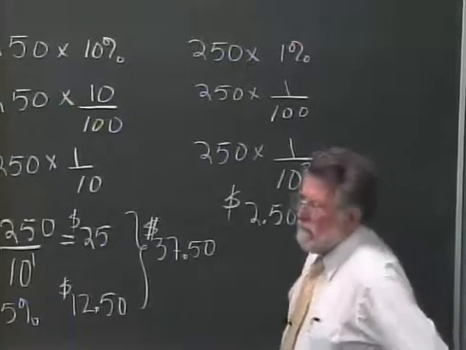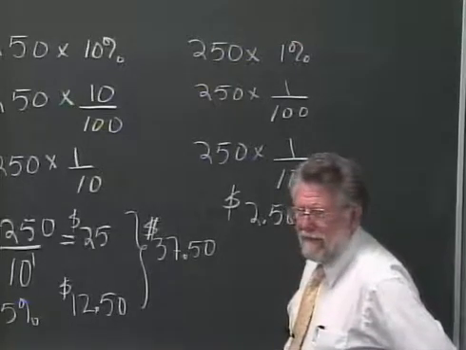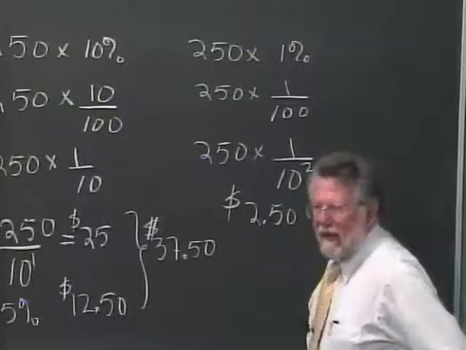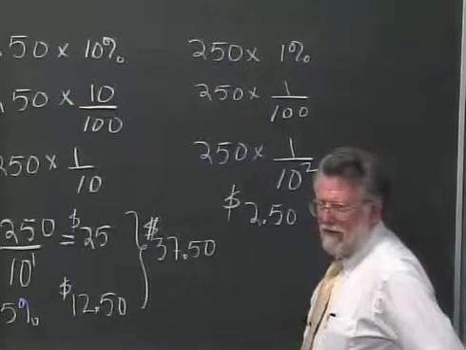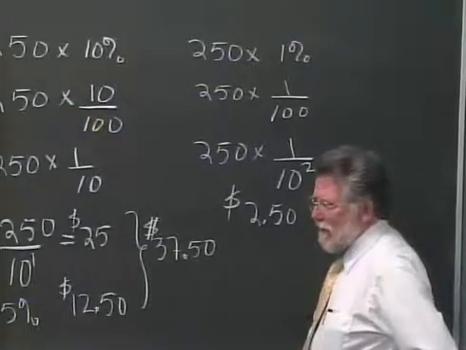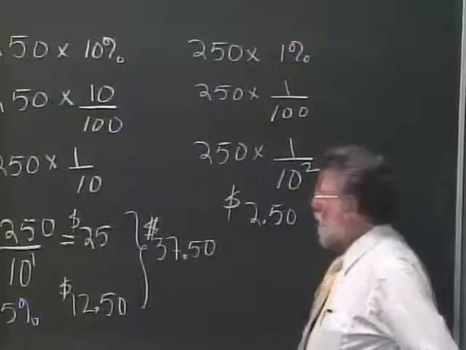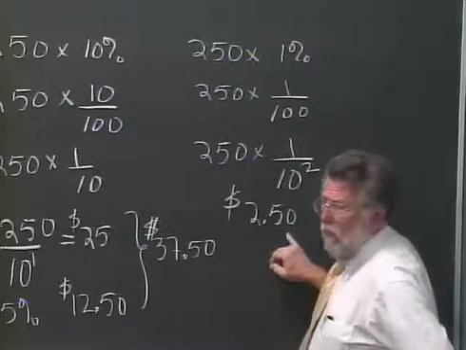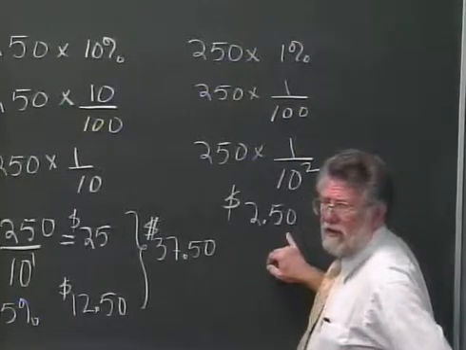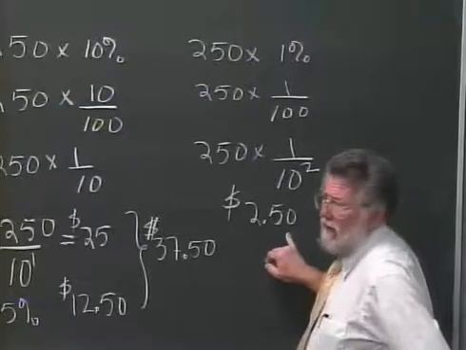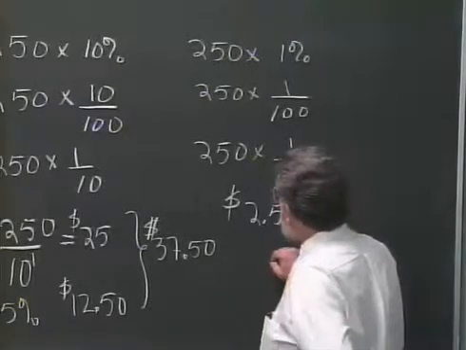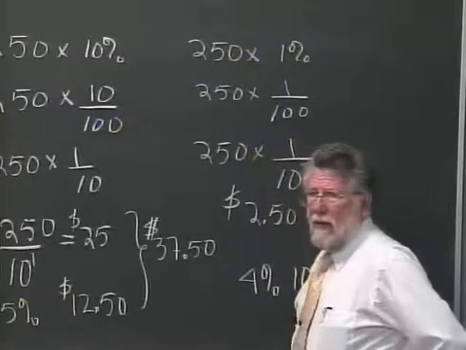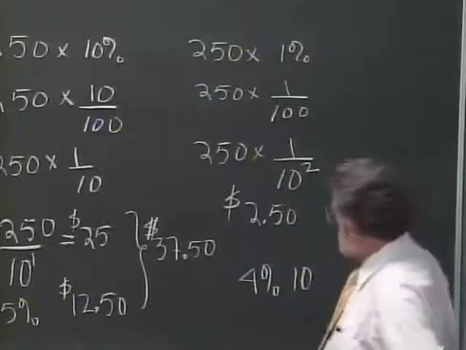So what is 4%? 1% is 2.5. What is 4%? $10. 1% gave me 2.5. 4% is 4 times as much. 4 times 2 is 8, and 4 times 0.5 is 2. So 4% would be $10.